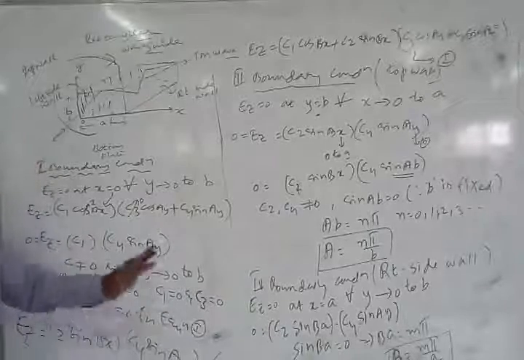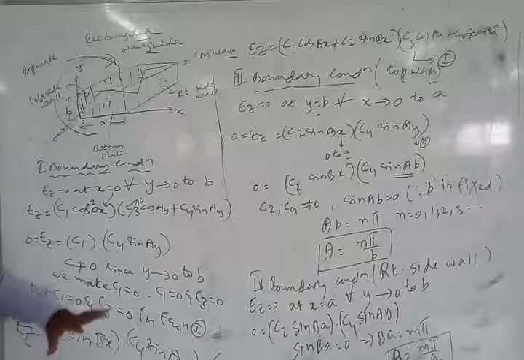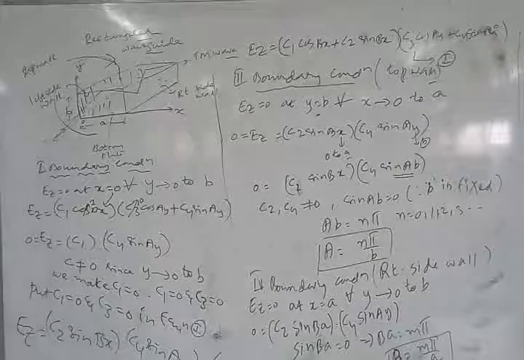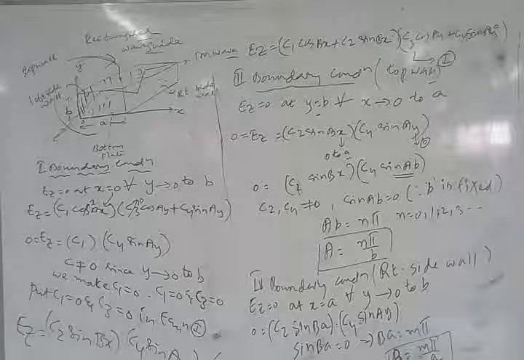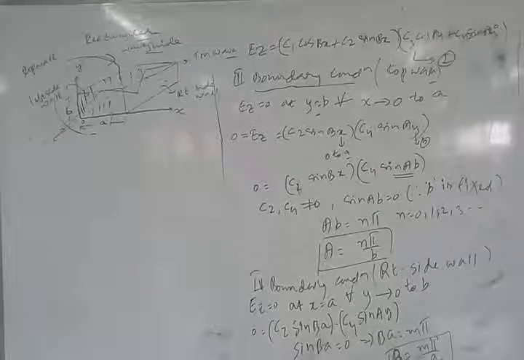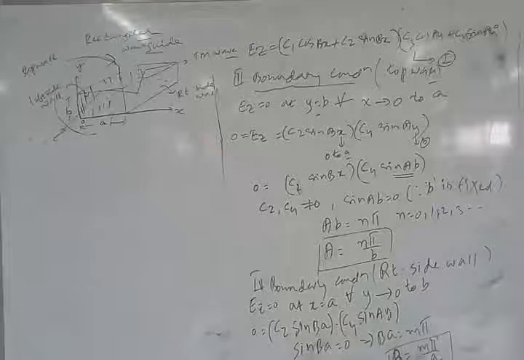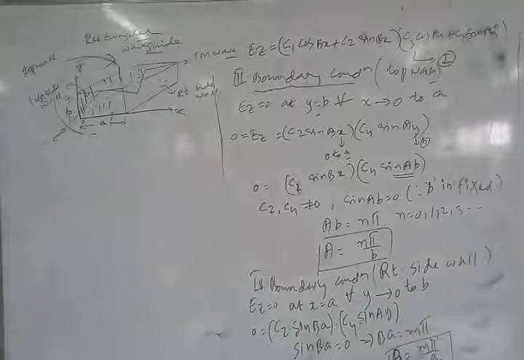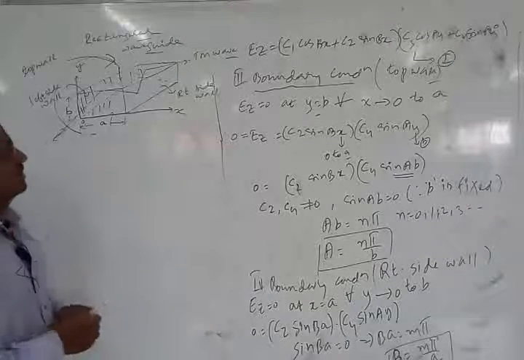Now let us substitute these values in equation number 1. Once we substitute in equation 1, we will be getting the expression for Ez, as we solve the Maxwell's equations. Now we will be solving for Ez with the values from the boundary conditions.